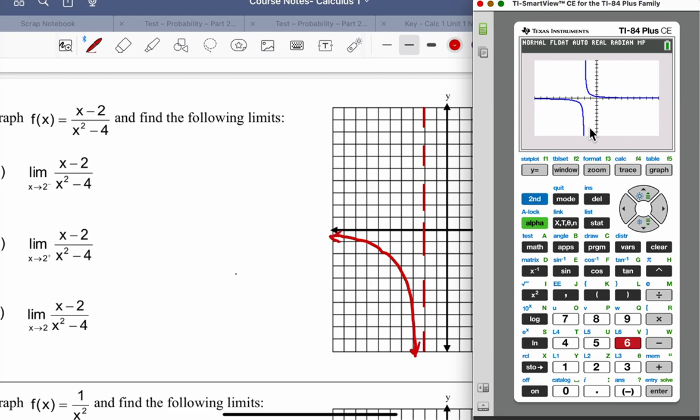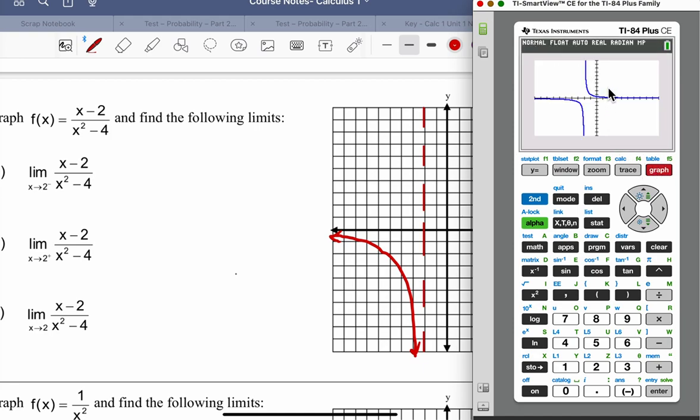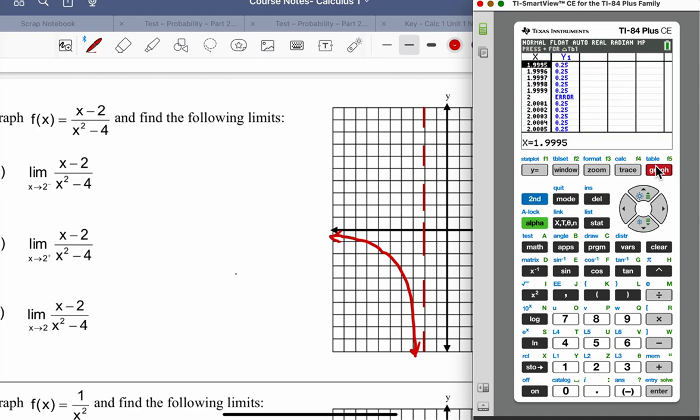In the picture, even though in the table I see that there's an error at +2, I do not see a vertical asymptote at +2. That's going to be a discontinuity. So there's going to be a hole at x equals 2. The table is pretty much telling us where that hole is in terms of the y value.